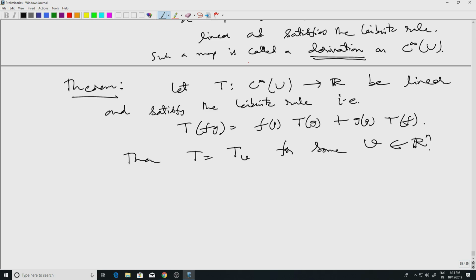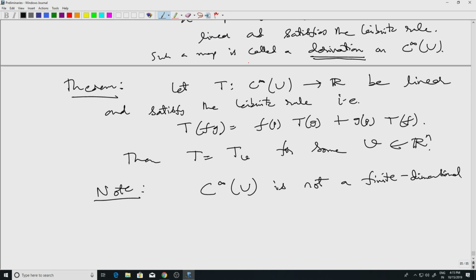And I should mention that C infinity U is not a finite dimensional vector space. This is obvious, since you have an infinite set of linearly independent vectors.